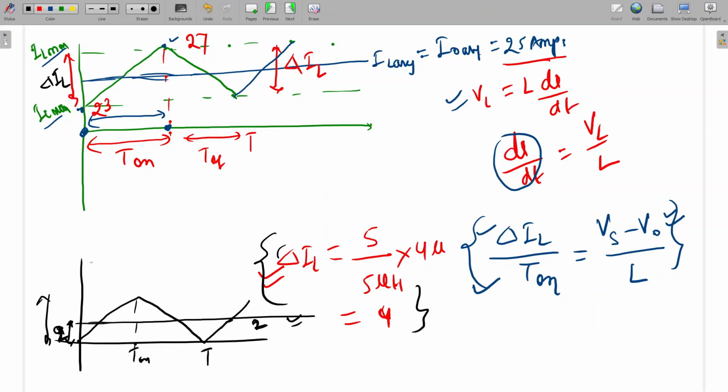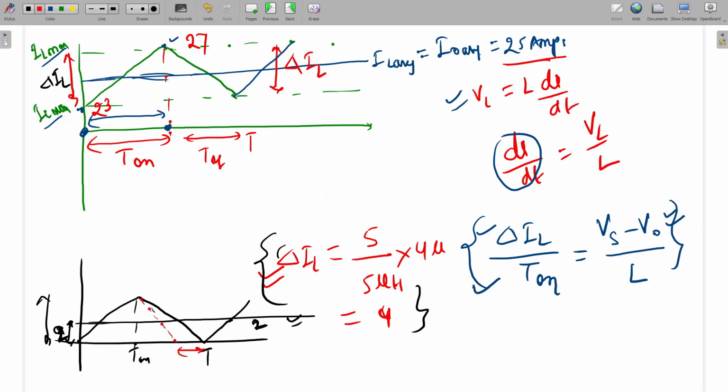Sir, if it is at the boundary of continuous and discontinuous, then what will happen? See, it will be continuous only, but it is just a condition. After this, if we change some inductor or resistance value, let's say we decrease the value of the inductor, it will come down like that, so here the current will be 0.